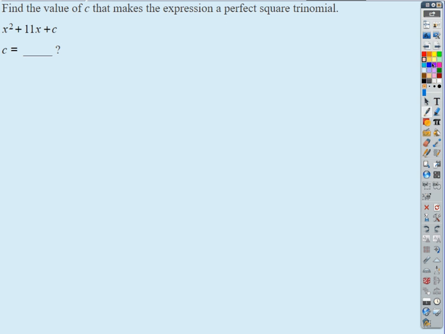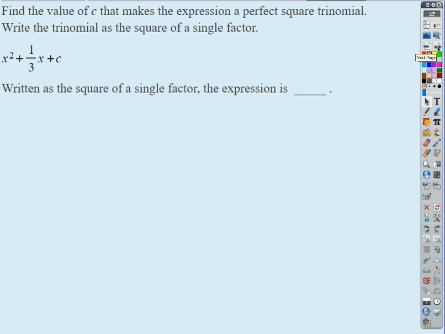Okay, what's the value of C that makes a perfect square trinomial? It's going to be b over 2 squared, which equals 121/4. Okay, so if I turn this into a perfect square trinomial by completing the square, what's the factor I'm going to get?